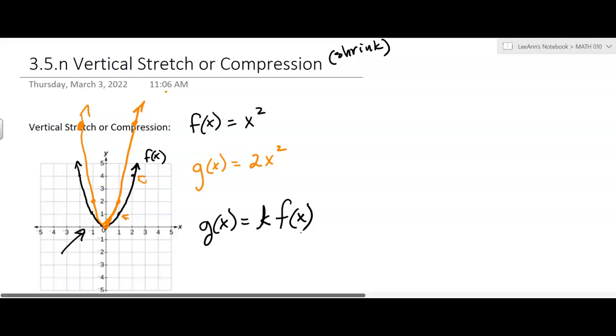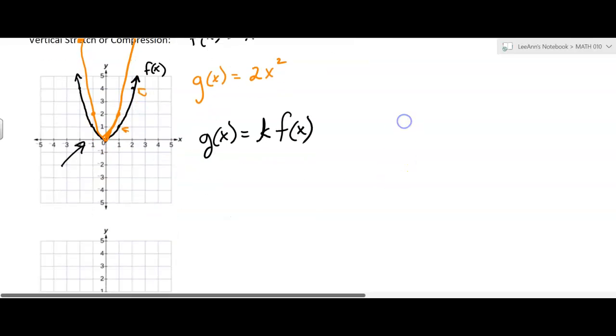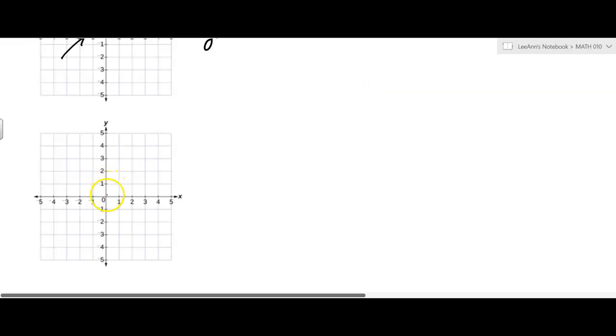Okay, now let's do a compression. We can do the same thing. Let's go back to our parabola. Now instead of having it stretch, we're going to do h of x, and we're going to cut everything in half. We're going to take all our outputs and just cut them in half.